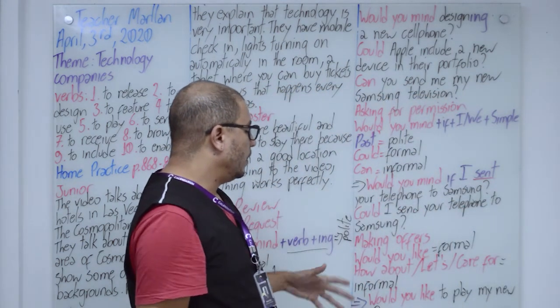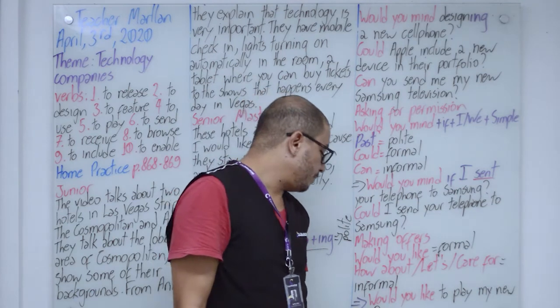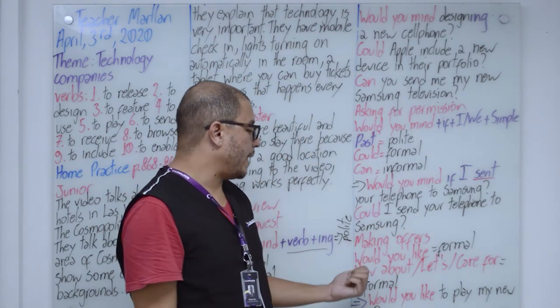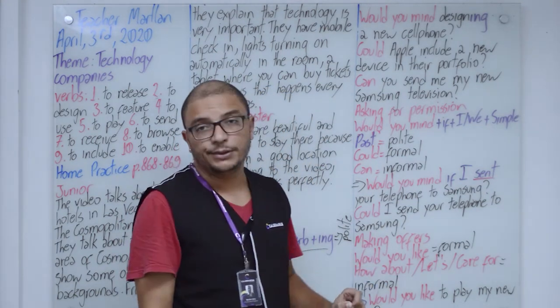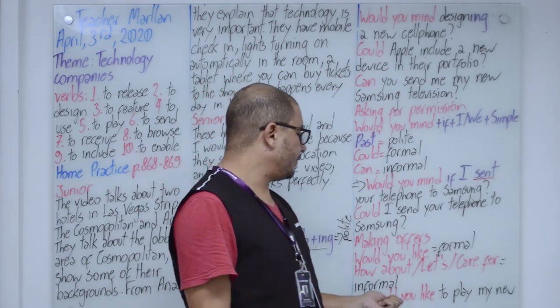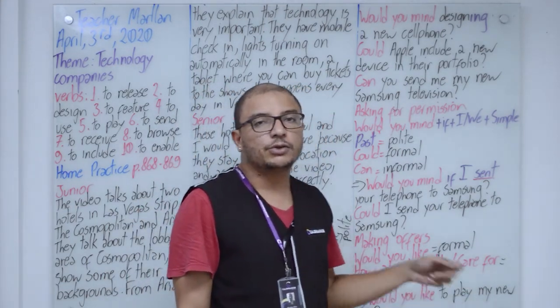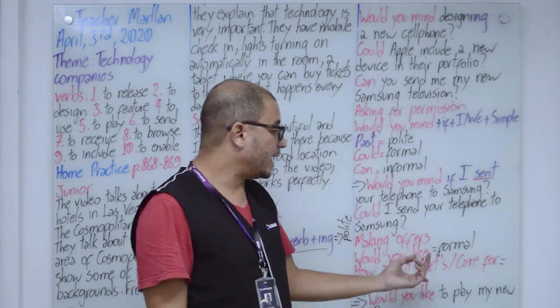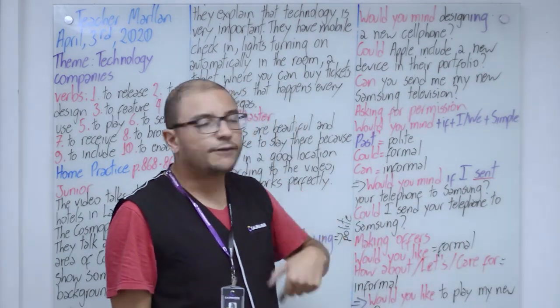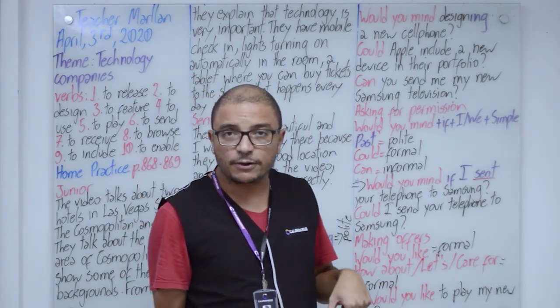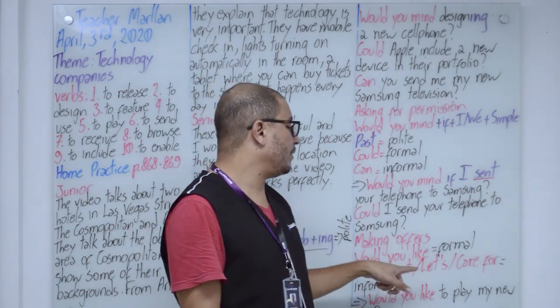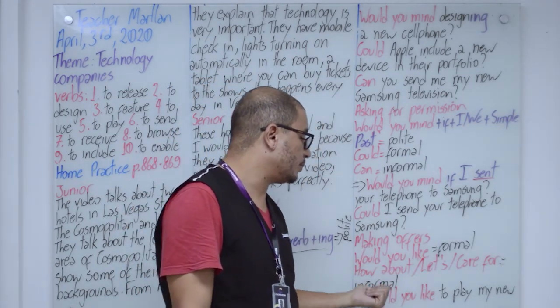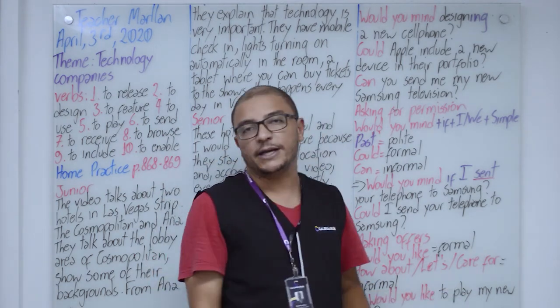Okay? So, would you like to play my new PS4? How would it happen if I use how about? How about, you would use the verb with ing? So it would be, how about playing my new PS4? Care for, the same. Care for playing my new PS4. And finally with let's, it would be different. It would be, let's play my new PS4.